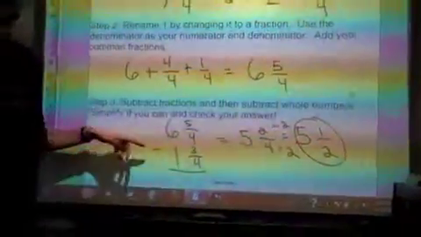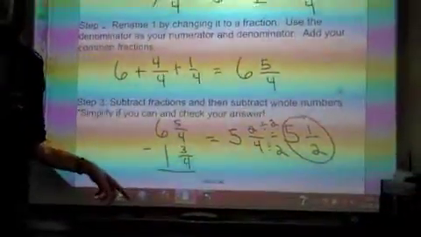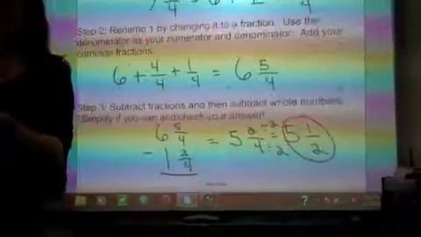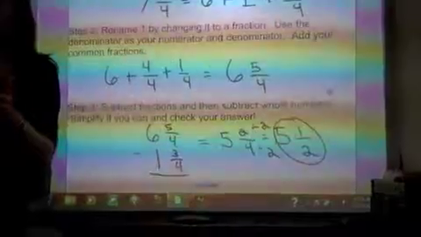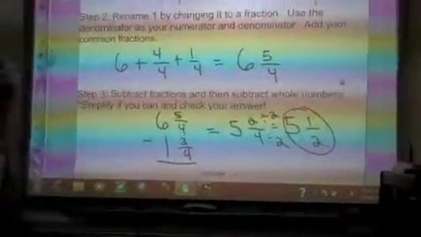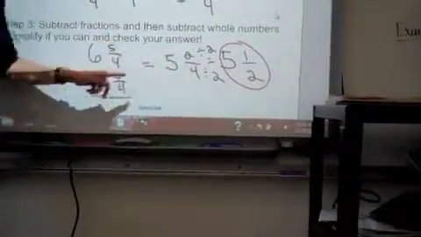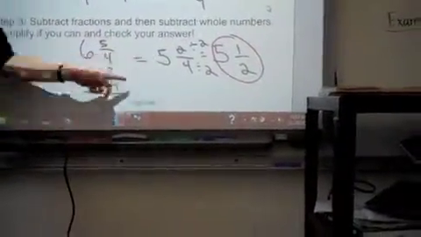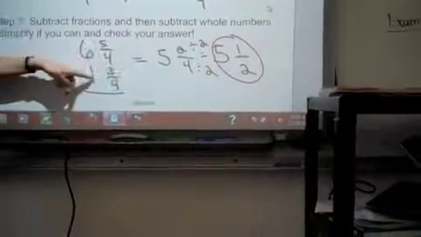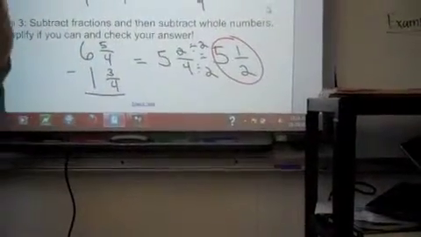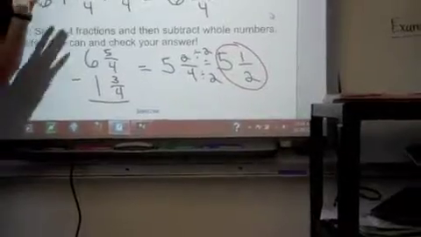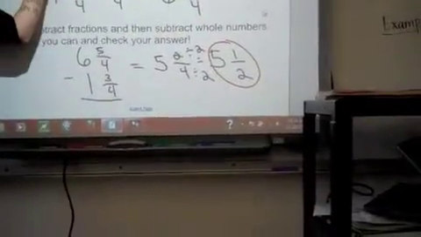So if I take 5 1/2 and I add 1 3/4 to it, do I have a common denominator? No, I'd have to change it to 4 to figure that out. Or I could keep this just to check my answer. If I added it back, 2 plus 3 is 5/4. And then 5 plus 1 is 6, but 5/4 is really 1 1/4. So I add all my wholes together, and I would get 7 1/4.